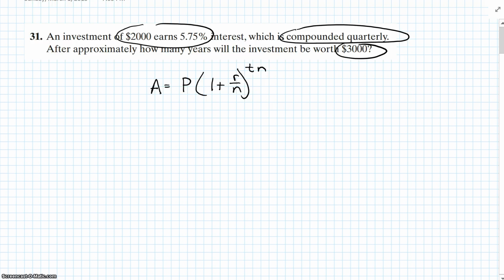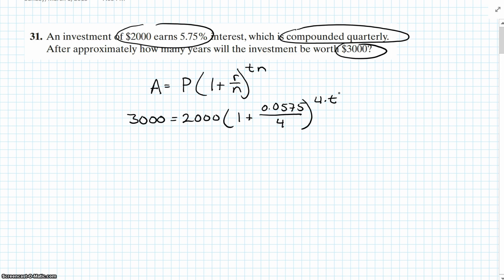All right, how much is it going to be worth? It's going to be worth $3,000. Well, how much did we put in? That's the principal, $2,000. 1 plus our rate, which would be 0.0575 over, it's compounded quarterly, so 4 times a year, to the 4 times t power.